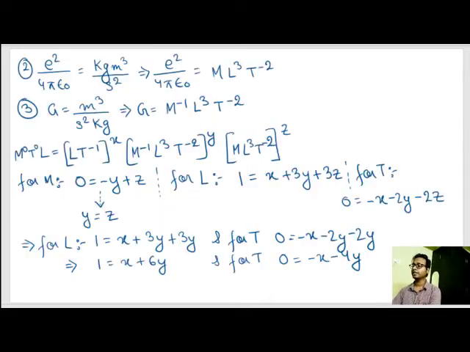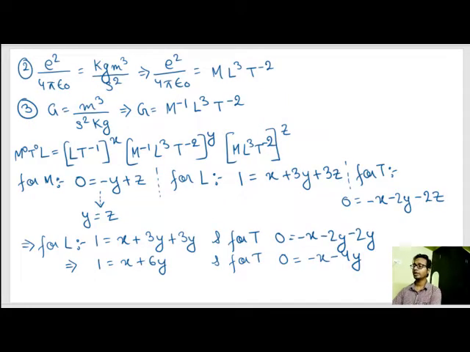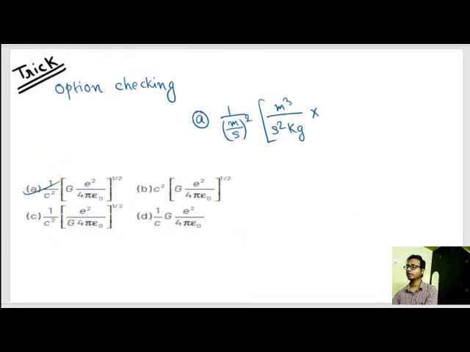G was meter cube by second square kg, into e square by 4 pi epsilon naught, and that was F r square. e square by 4 pi epsilon naught was nothing but kg meter cube by second square, raised to the power 1 by 2.